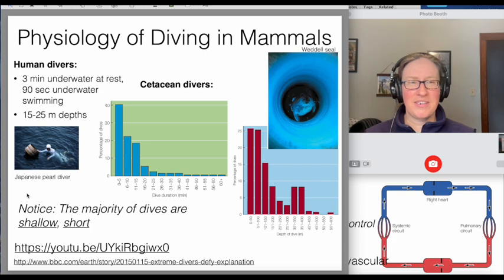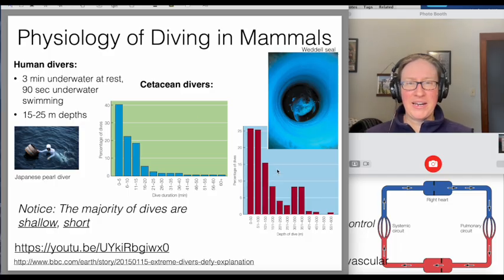These individuals can spend a period of up to about 3 minutes underwater if they're not actively moving. If they are swimming, they can spend about 90 seconds underwater. So just try to visualize for yourself. You could even try to hold your breath for a minute, what that must be like. These divers can swim down to depths of about 15 to 25 meters.